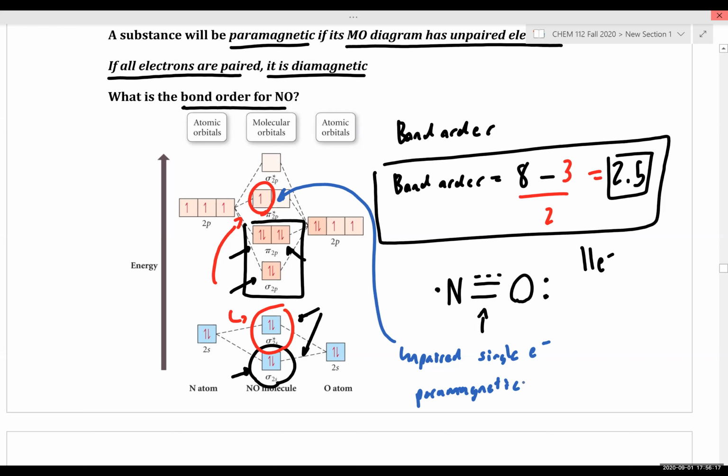And the fact that we have a single unpaired electron in our antibonding orbital can help explain why we observe radical-like behavior, where we have a single unpaired electron.